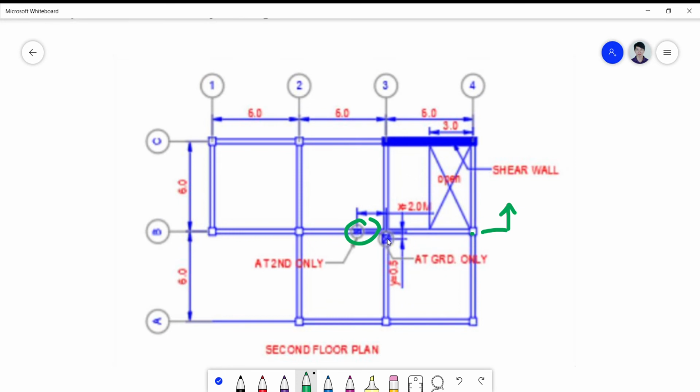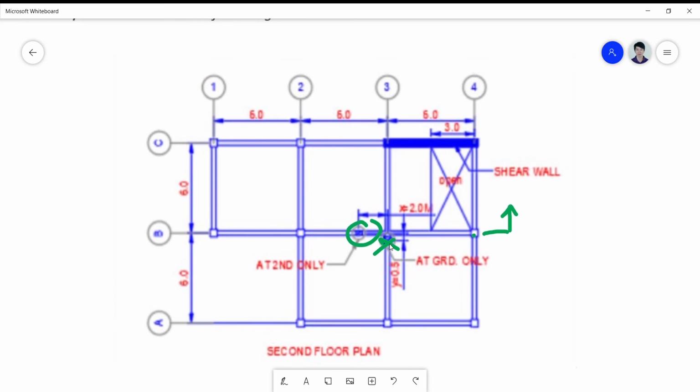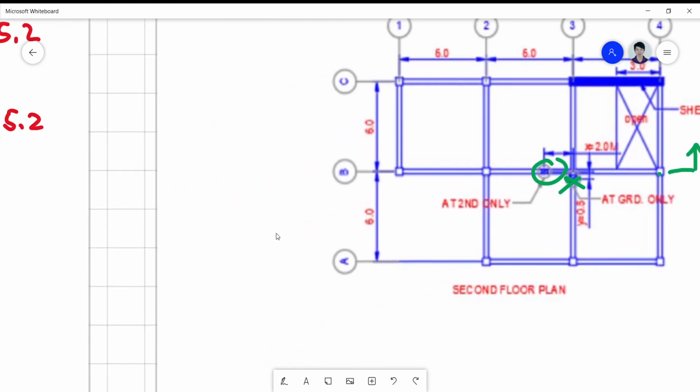So this column here, which is out of plane, is not a part of the frame B. So don't consider this. You only consider an in-plane discontinuity when it falls within the plane that you are actually analyzing. But if you can avoid this, it is much more practical to avoid it.